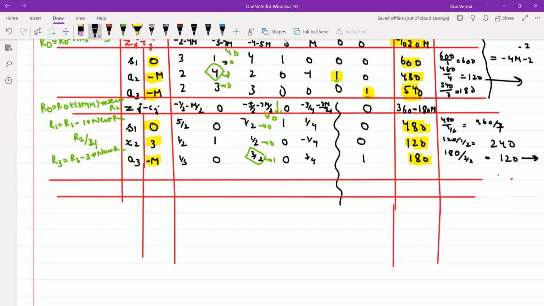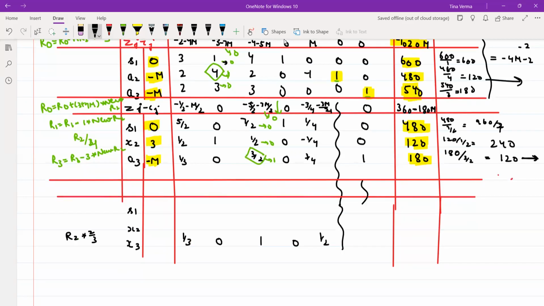So when I apply the operation, S1 will be on its place, X2 will be on its place. On the place of A3, what will come? My X3 will come. I have to make this element as 1. So I'll apply operation R2 into 2 by 3. So that will become, this is my 1 by 3. This is your 0, 1. This is 0. And this entry is 1 by 2.